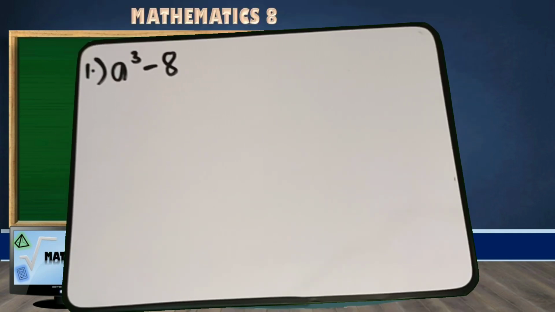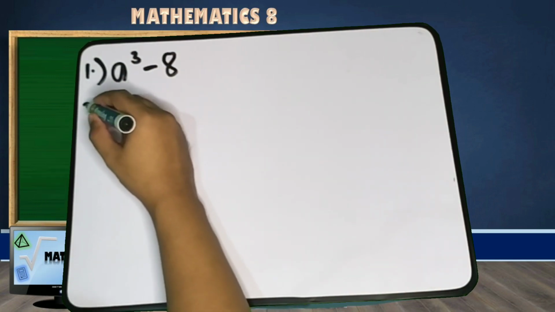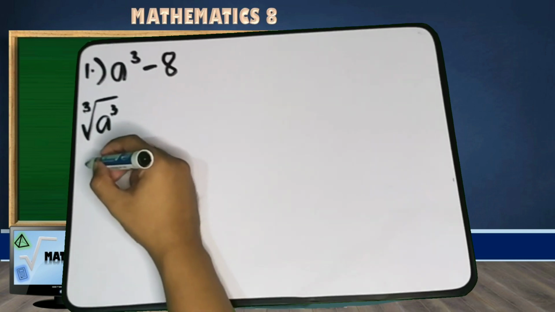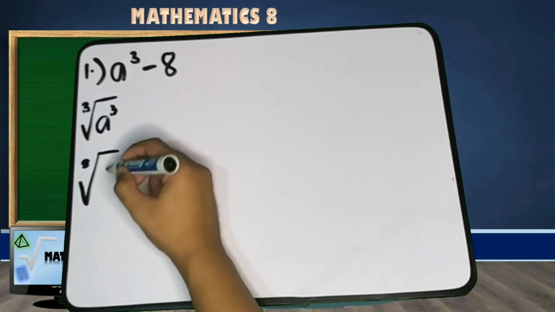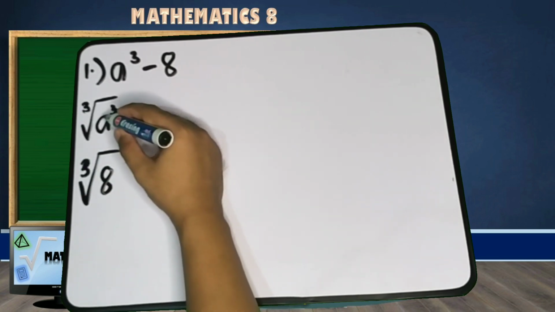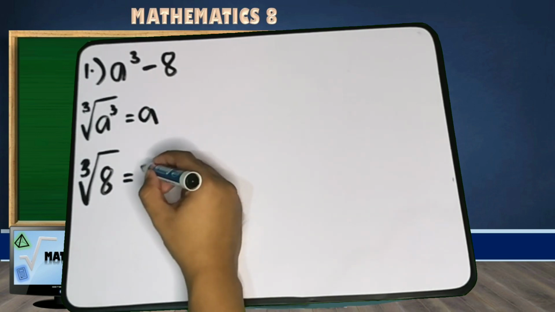So let's answer number 1, a cube minus 8. So first thing is, get the cube root of the first term and the cube root of the second term. So the cube root of a cube is a, and the cube root of 8 is equal to 2.